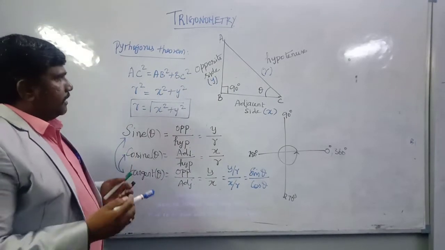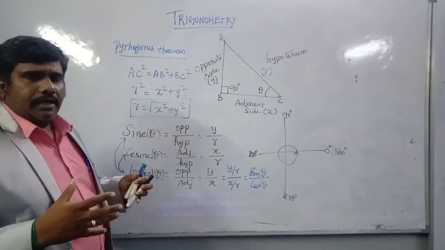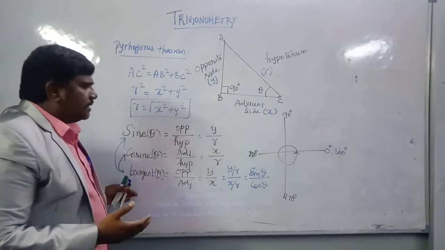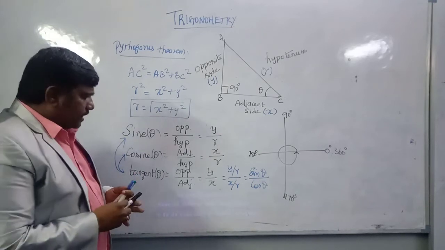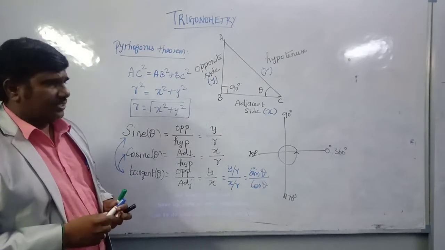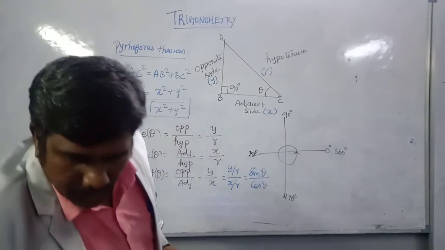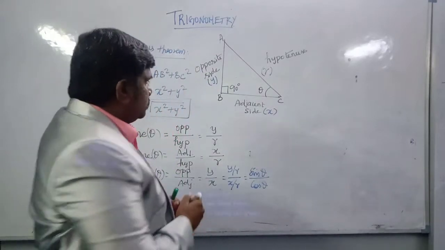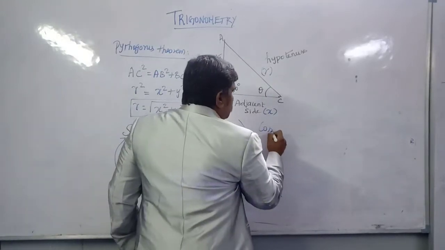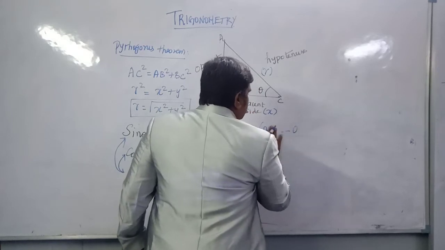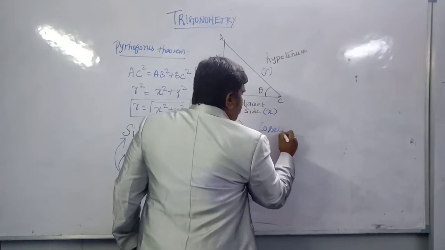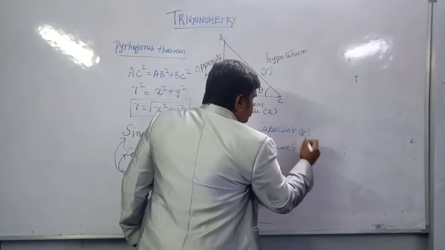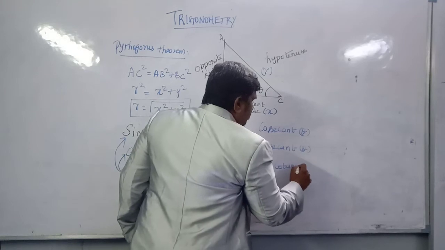What about the other three? You may ask, you said there are 6 functions. Those 3 are the reciprocals of these basic trigonometric ratios. They are cosecant theta, secant theta, and cotangent theta.